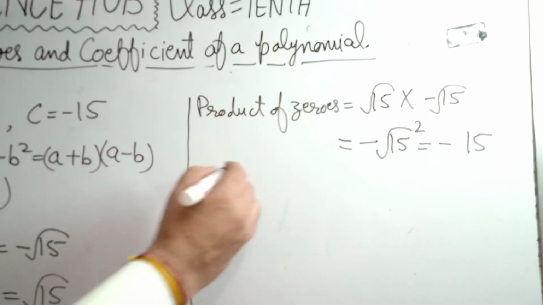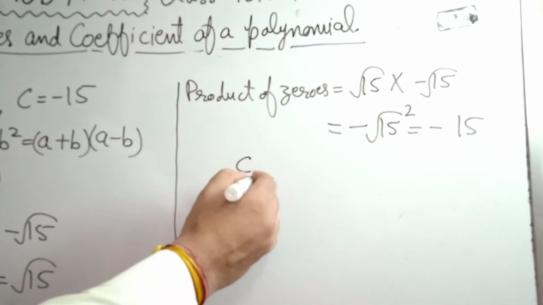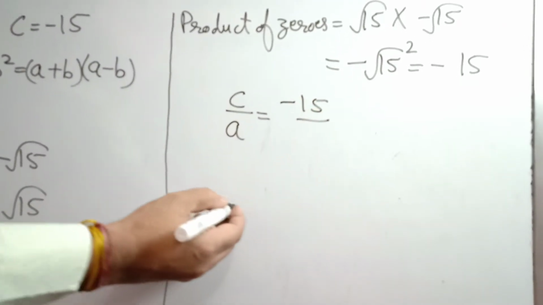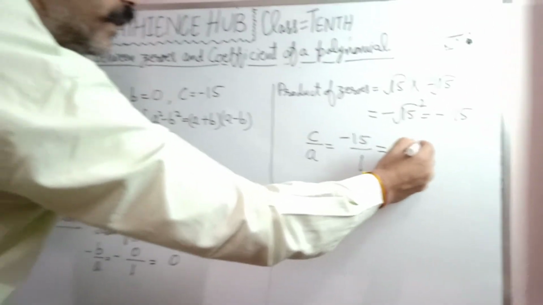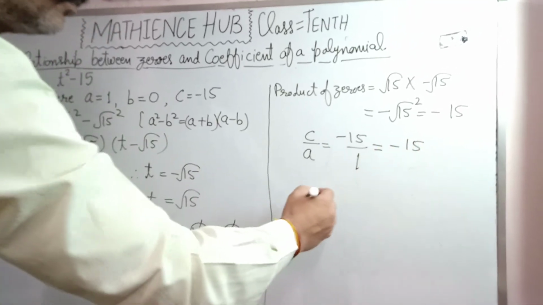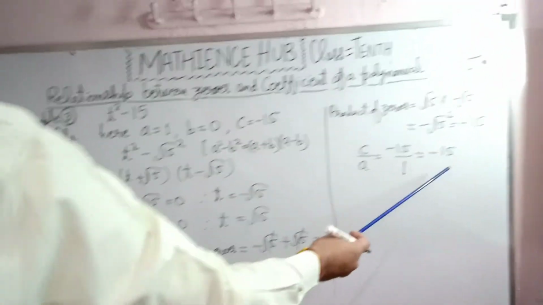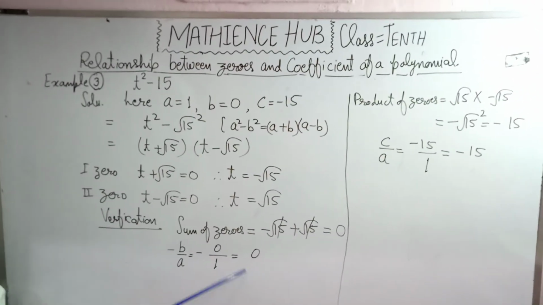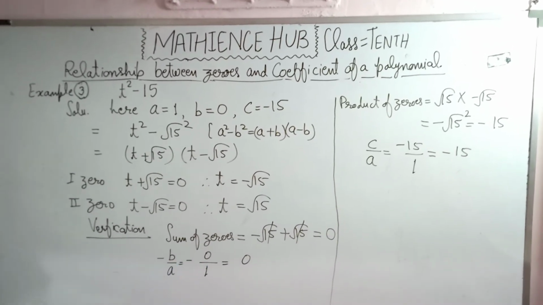By formula, c upon a. c is the constant value, minus 15, and a is the value 1. So we get by formula minus 15. So you see the product of zeros is the same, minus 15 upon minus 15, and the sum of zeros is the same, 0 and by formula 0. And the answer is verified.